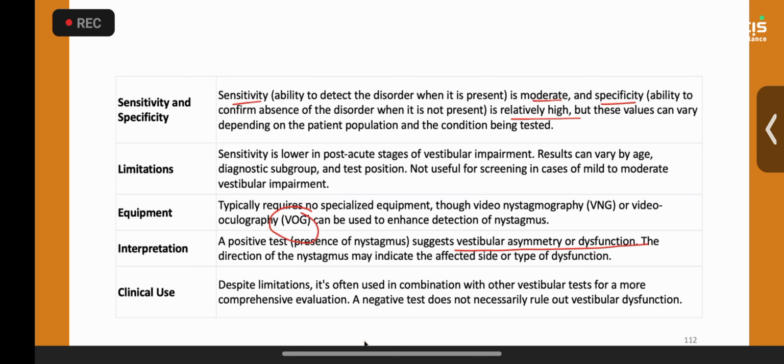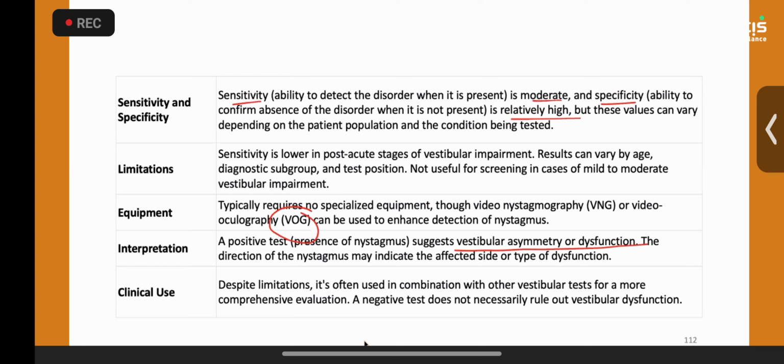What we have to do while doing the shaking is bend the head by 30 degrees so that the horizontal canals become exactly horizontal. When you shake the head towards the right side, the right semicircular canal is activated. When the head is shaken towards the left, the left semicircular canal is activated.